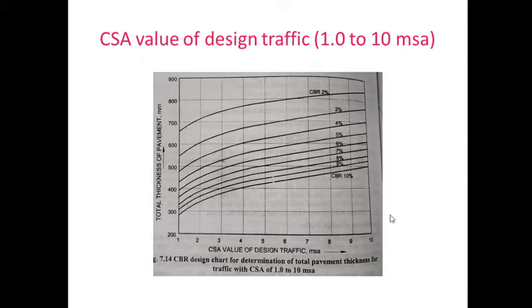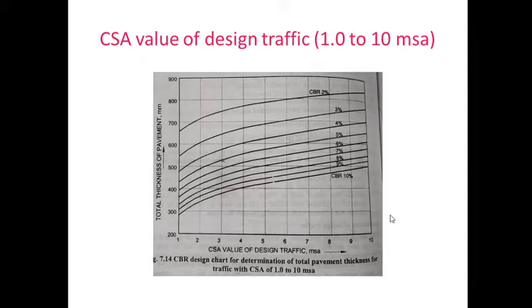The x-axis represents the cumulative standard axle value of design traffic, 10 to 150, whereas the y-axis represents the total thickness of the pavement in mm. Corresponding to CBR 8% and cumulative standard axle 150, you may get the approximate thickness of the pavement as 640 or 620. Total thickness of the pavement is 640.